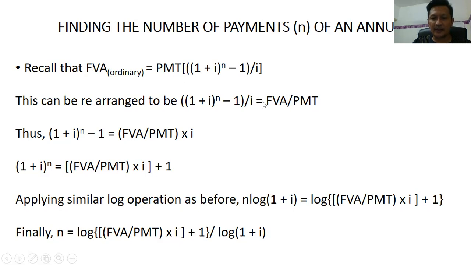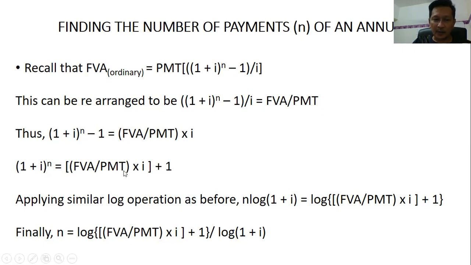This term here moves to the left, and at the end, you leave this 1 plus I to the power of N alone here. Look at this fourth line here: 1 plus I to the power of N equals this term, your future value of an annuity, divided by the PMT, multiplied by I, all together in bracket, and then plus 1.